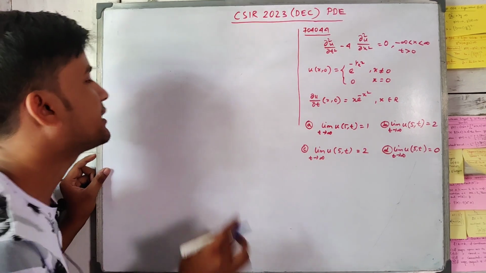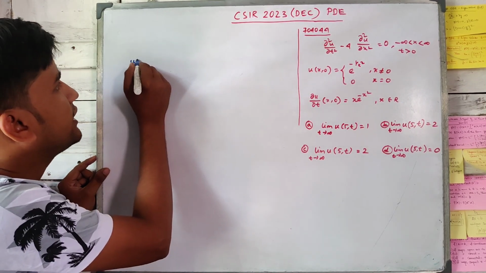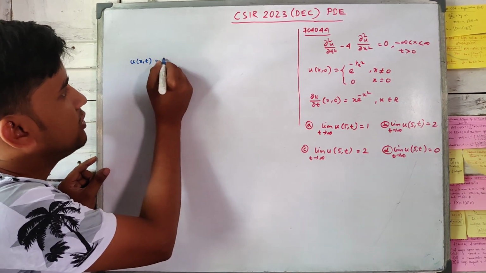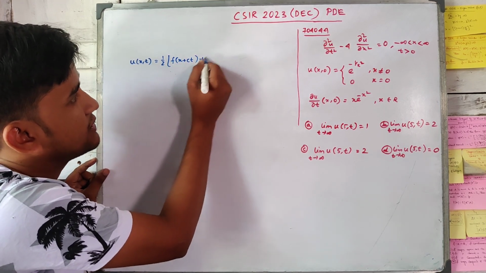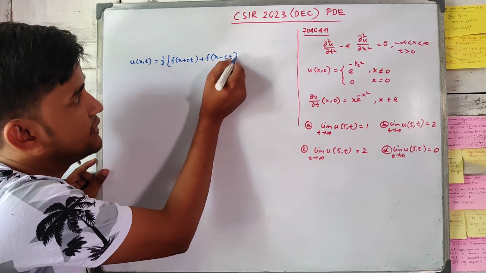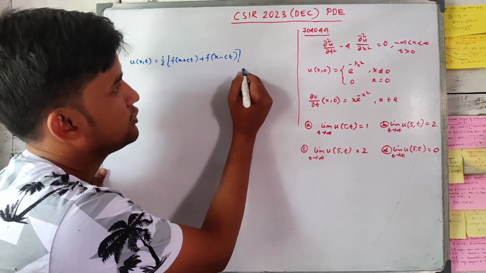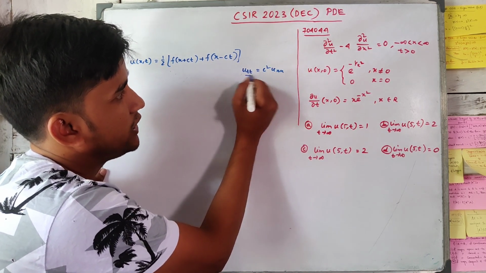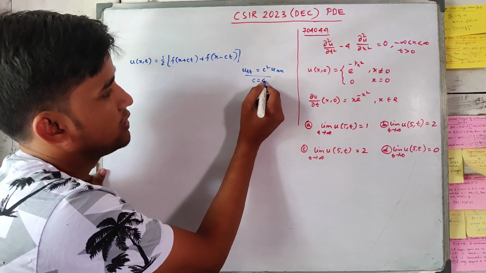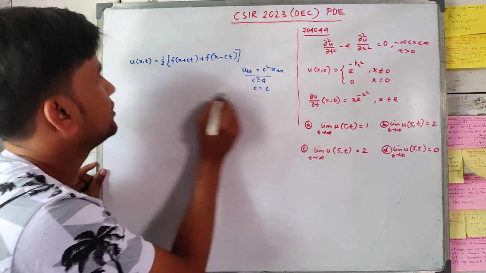If we write the D'Alembert solution, then we all know that u(x,t) is equal to half into f(x plus ct) plus f(x minus ct), if the standard problem is of the form u_tt equal to c square u_xx. Here the c square value is 4, this implies c equals 2.